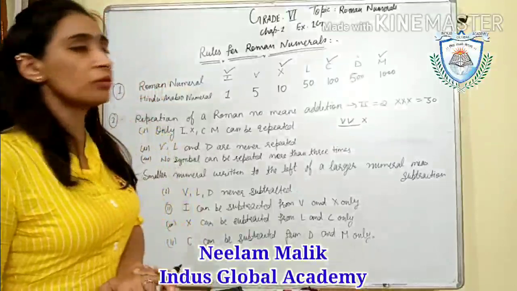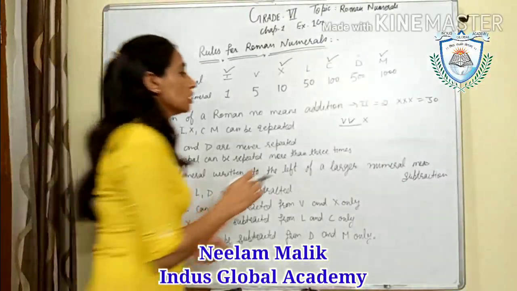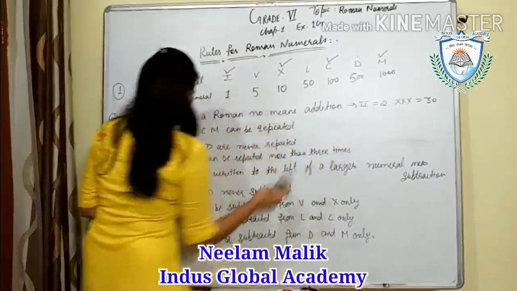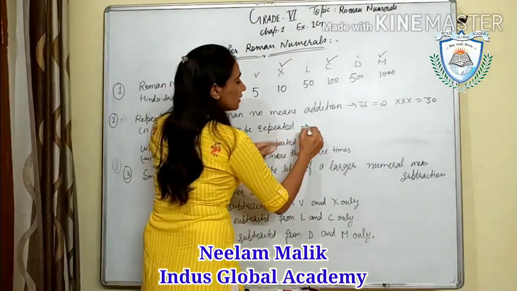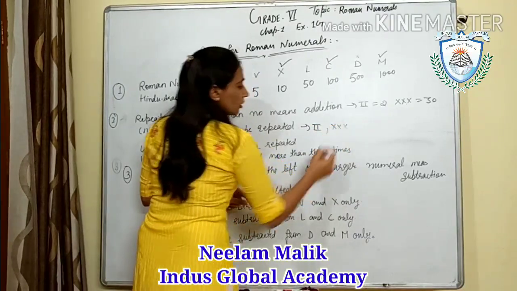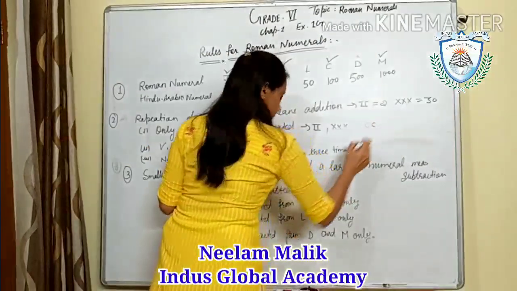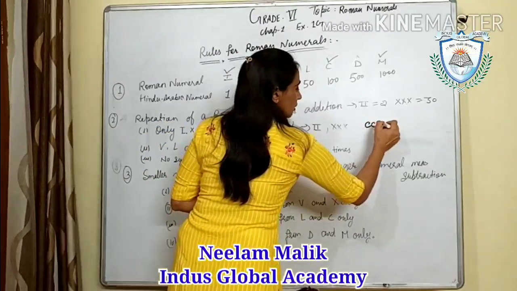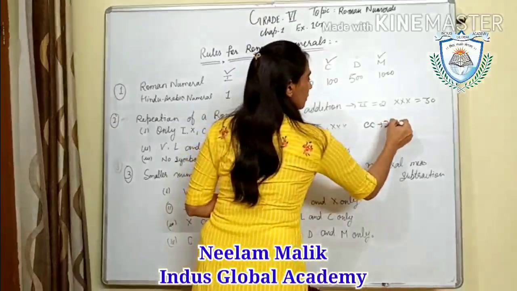Only these symbols can be repeated. We can use I, we can use X, and we can repeat C also, like this. What is this CC? When we are repeating, that means adding. So CC means 200.